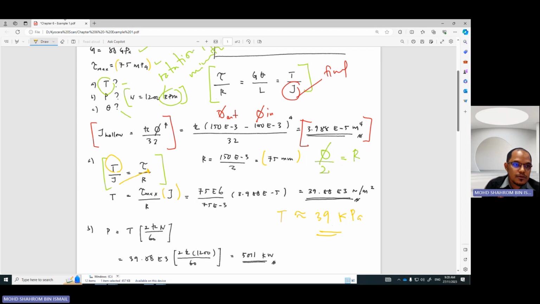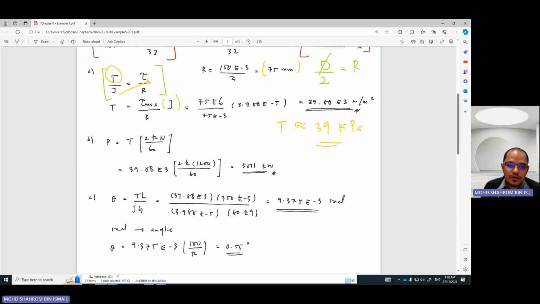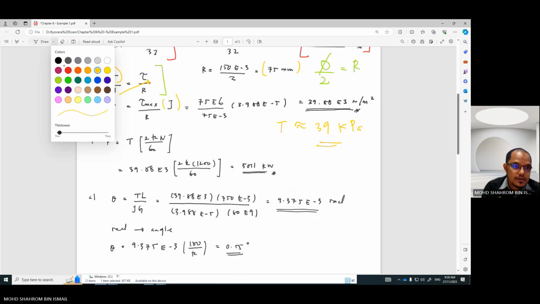Okay, so we're going to solve our third problem, which is what is the power for this case? Beforehand, we know the formulation of power is like this.